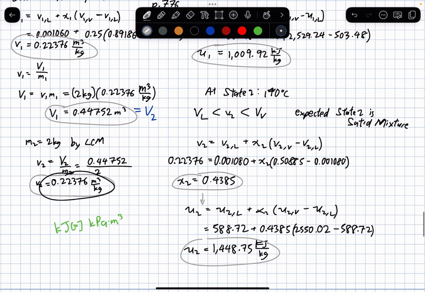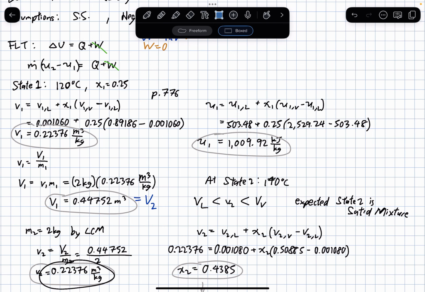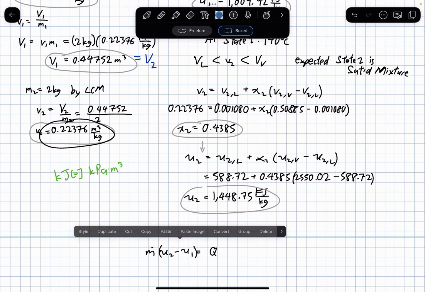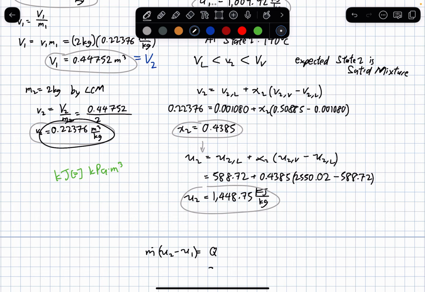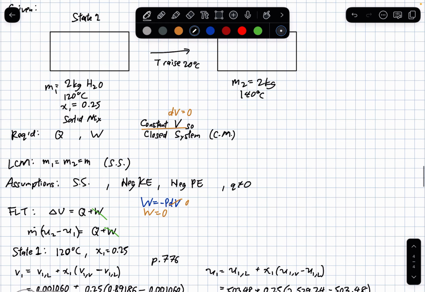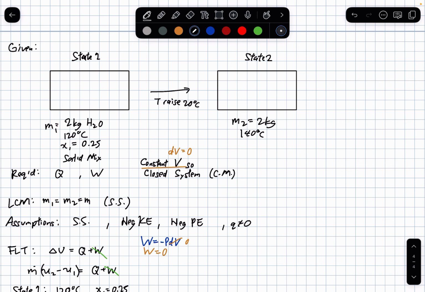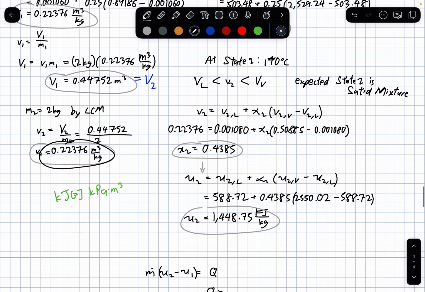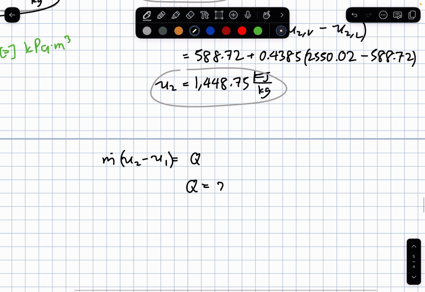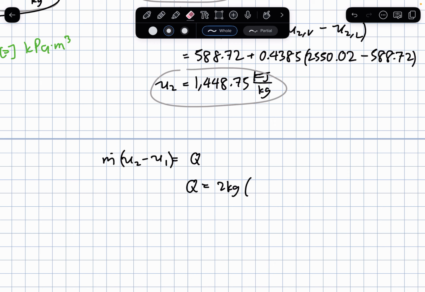Okay, so we have U1 and U2. Let's go back to the energy balance. So our Q, what we're looking for, is equal to the mass, basically just 2 kilograms. Sorry, this is not mass flow rate, just the mass.